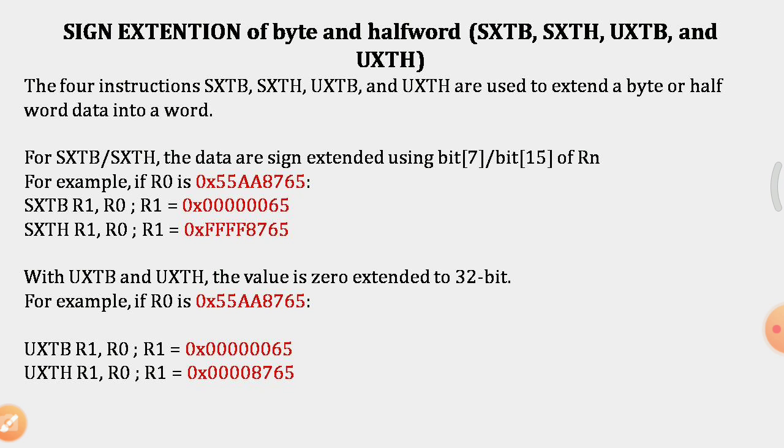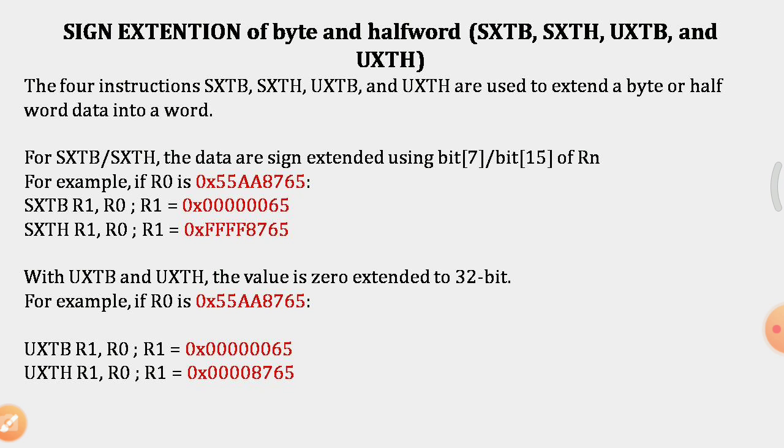In that value, the SXTB is going to extend the sign of byte only. The byte of R0 is 65, and the last bit of this 65 is 0. So 0 is going to be extended with all the upper bytes, and then this value is loaded into R1 register.